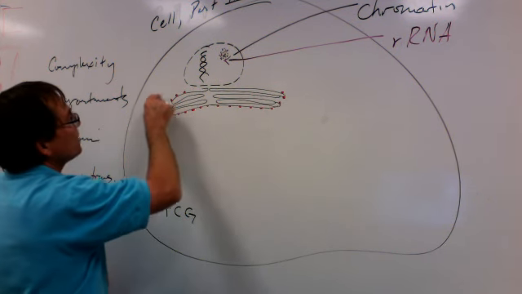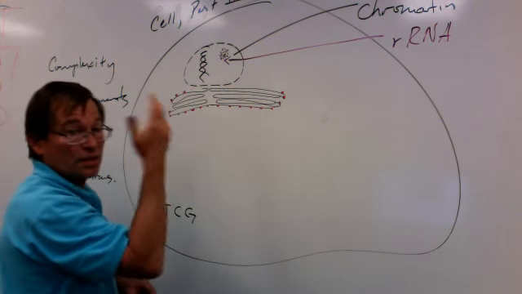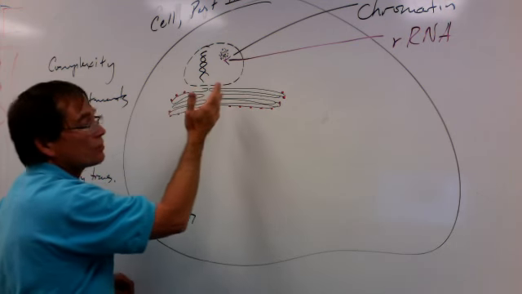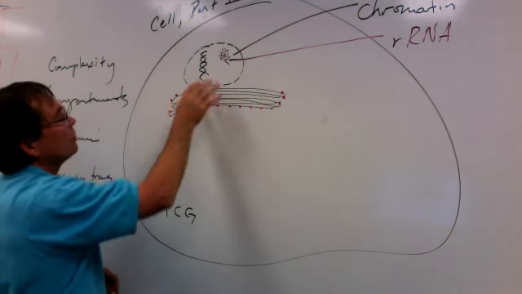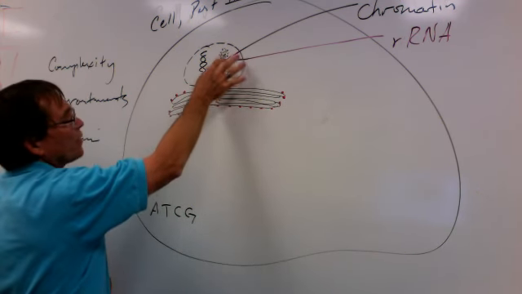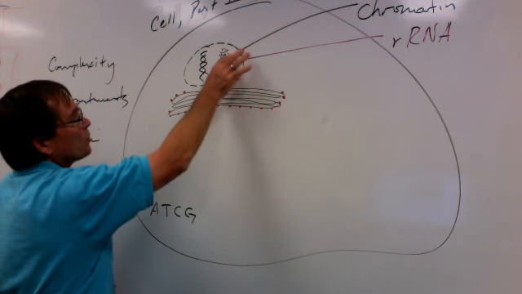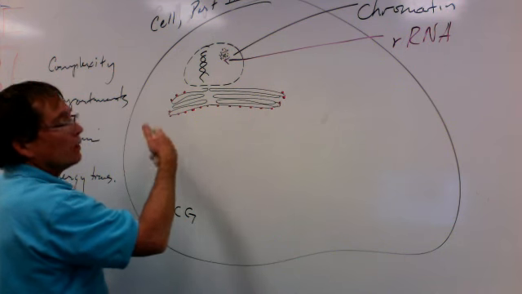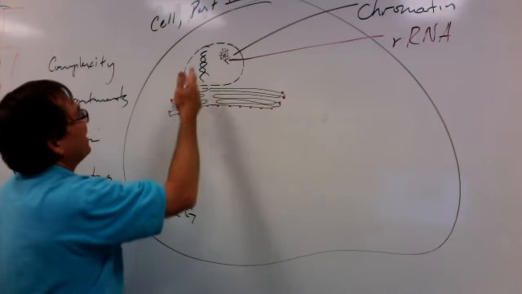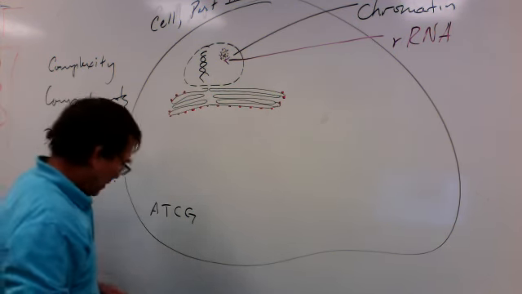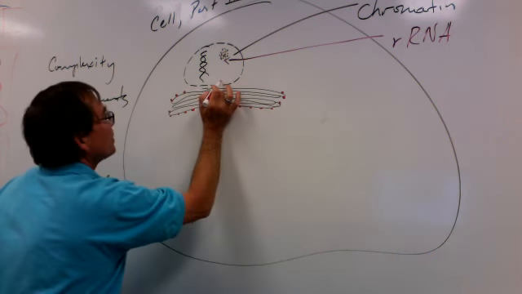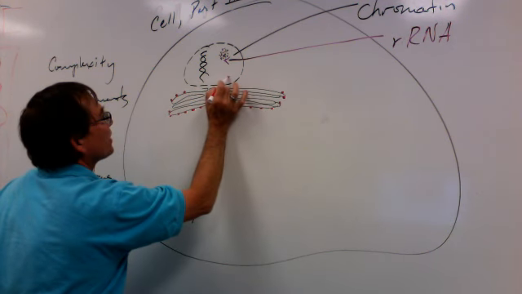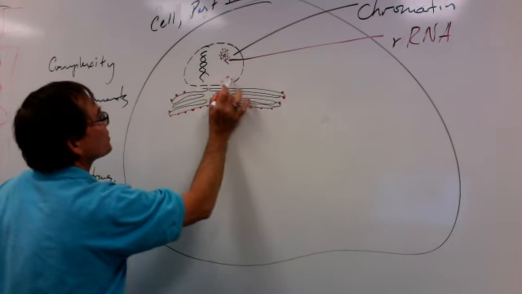So proteins that will assist in the construction, so to speak, of ribosomes move into the nucleus. The ribosomal RNA combines with those proteins or polypeptides, and the small subunit and the large subunit are actually formed within the nucleus.